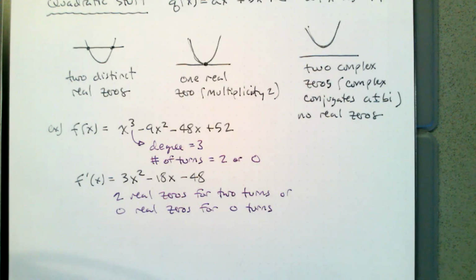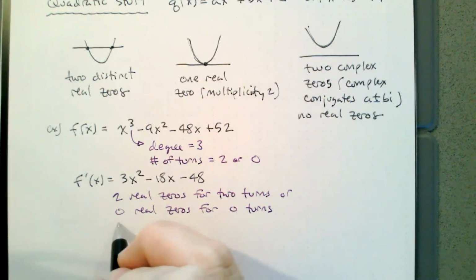There's another possibility if we have one real zero. We'll have to think about how many turns that's going to make. We know it can't be one turn.